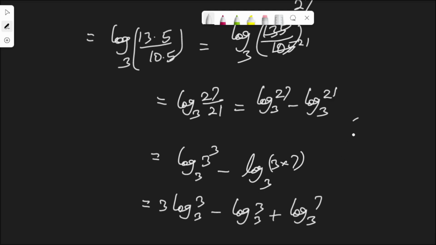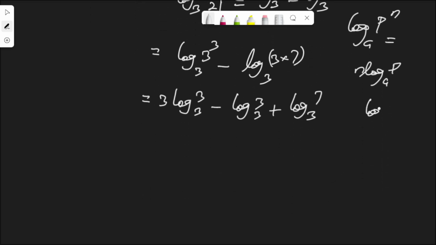This first one, this is the law: log p to the power n to base a is n log p to base a. Then this one here, the law that says log p to base a plus log q to base a is log p times q to base a. So we had p times q as in 3 times 7. Applying this law gives me this.